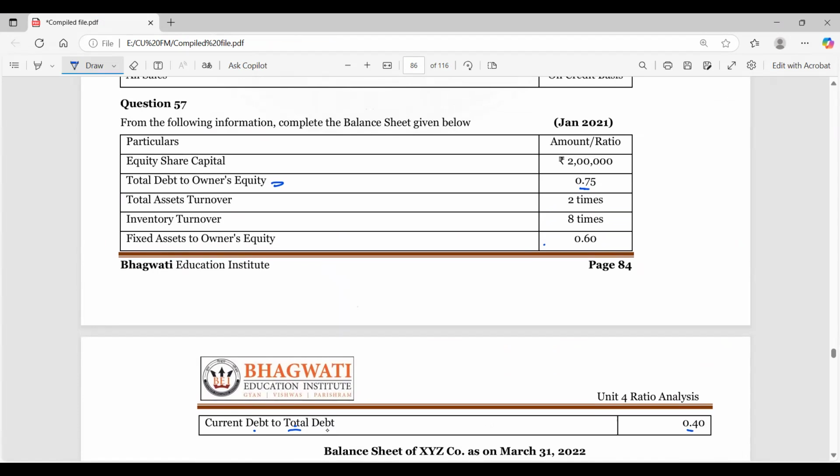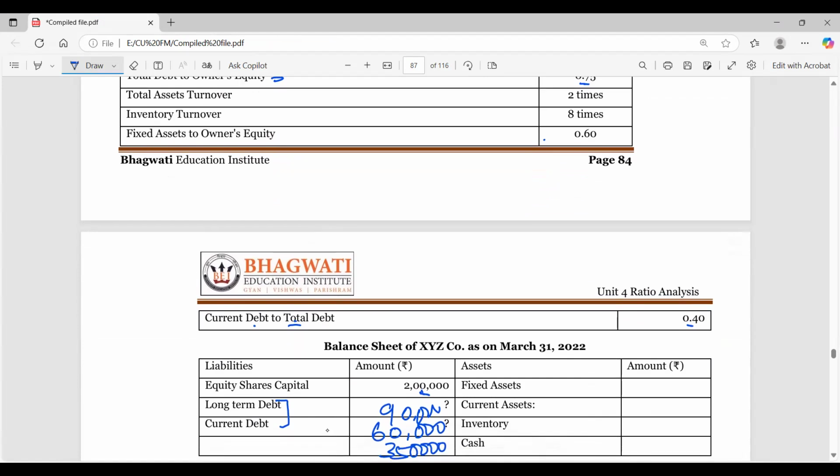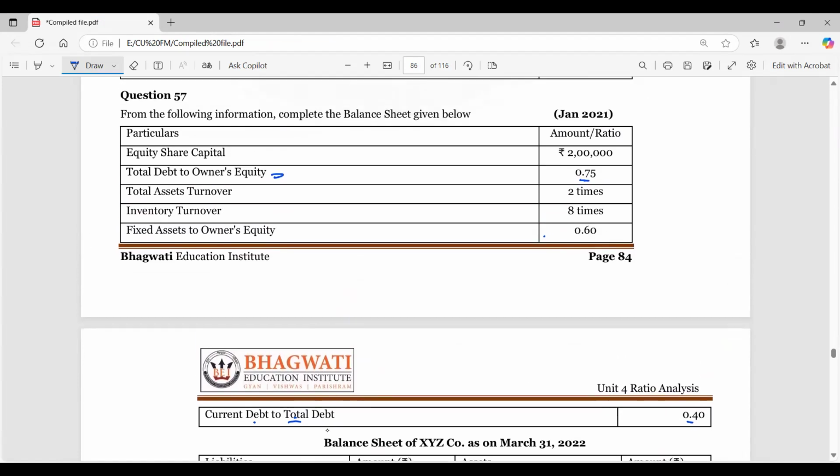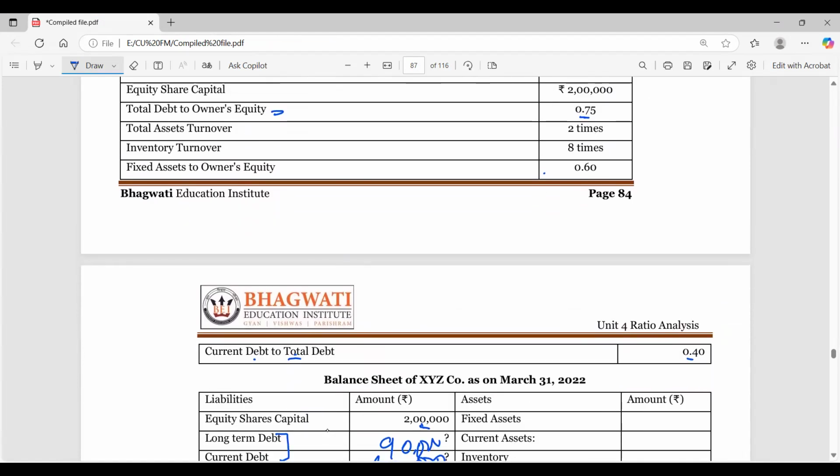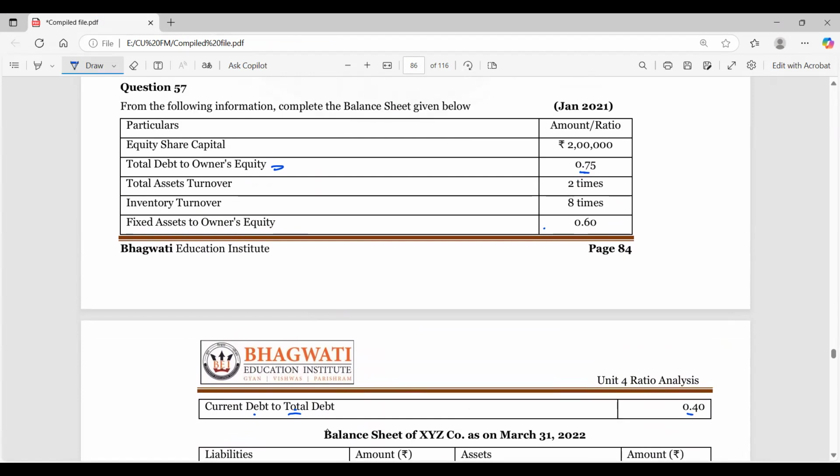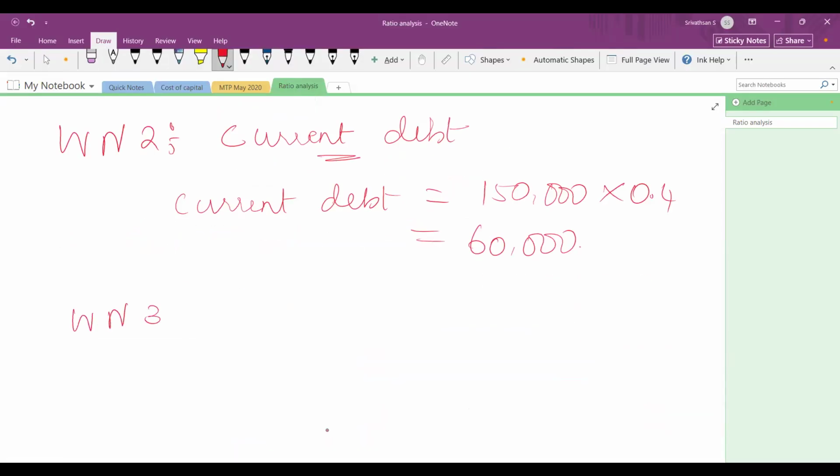So next, how do we calculate sales in this? Total asset turnover is given, so we can calculate sales from that, and from sales we can calculate other figures. And listen, in this question we cannot calculate COGS, so inventory turnover should be based on sales. Working note number 3, sales.